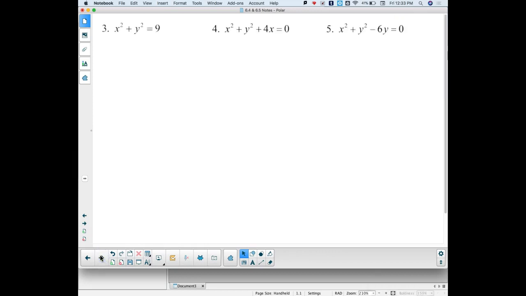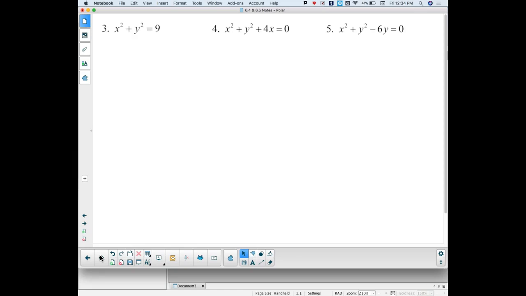Let's talk about number 3 here for a second. Thinking back to our first semester conic section days. What shape is x squared plus y squared equals 9? Circle. Talk to me more about what kind of a circle it is. There's 2 parts of a circle that I need to know.